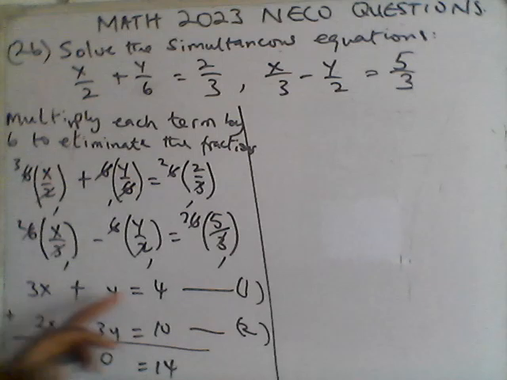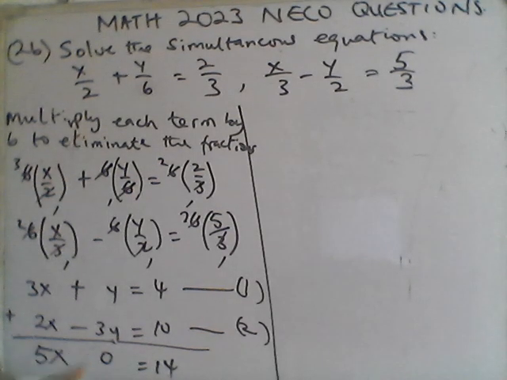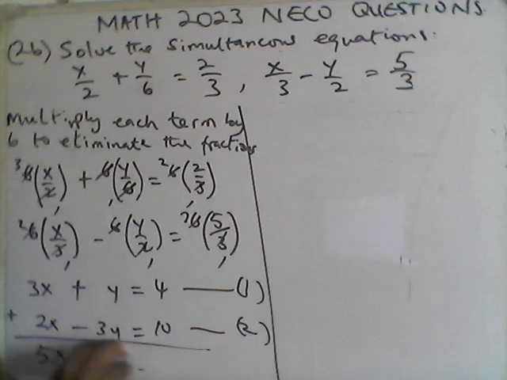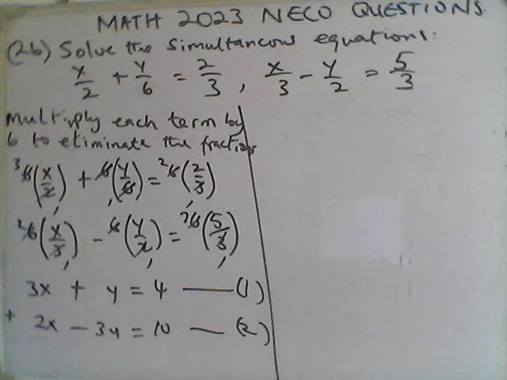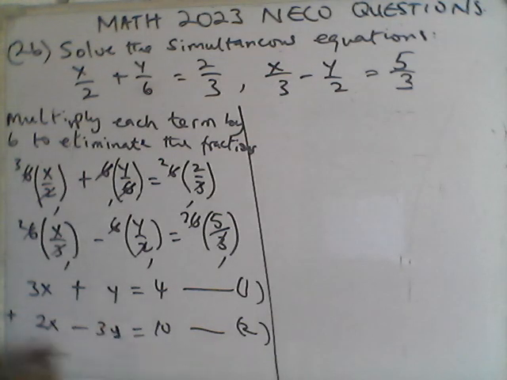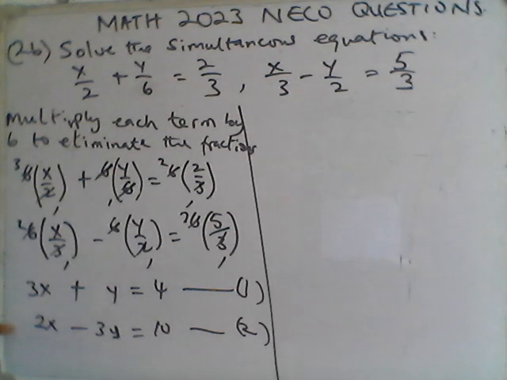So I'm going to look for another method to solve this other than the elimination method I'm trying to do. If I still want to use the elimination method, see what I'm going to do. I'm going to multiply the first equation by a constant and the second equation by a constant, so that I can get the two equations having similar coefficients.